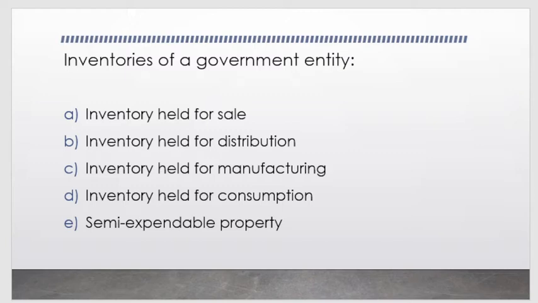May semi-expendable office equipment, semi-expendable information and technology equipment, semi-expendable scientific and technical equipment, mga ganun. So, ang gist lang dito is we recognize by debiting semi-expendable property kung ano mang klaseng equipment yan, and then credit mo yung cash or accounts payable for that matter.